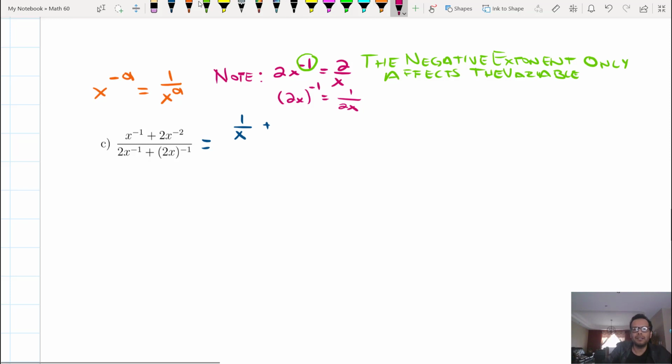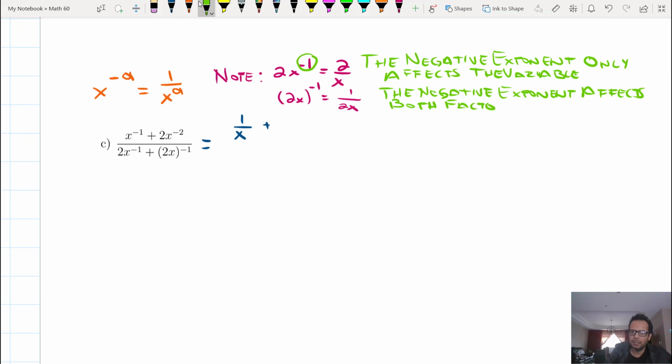Because in this case, the negative exponent affects both factors that lie inside of the parentheses.